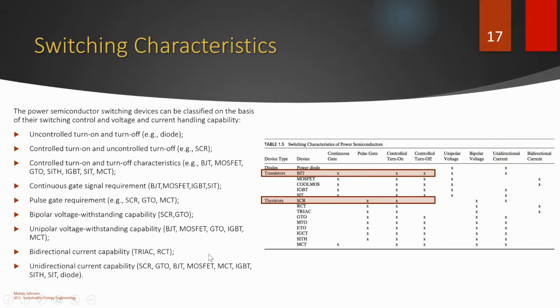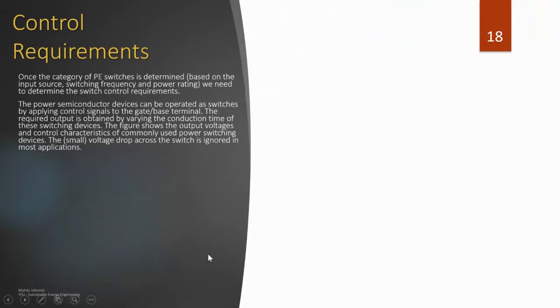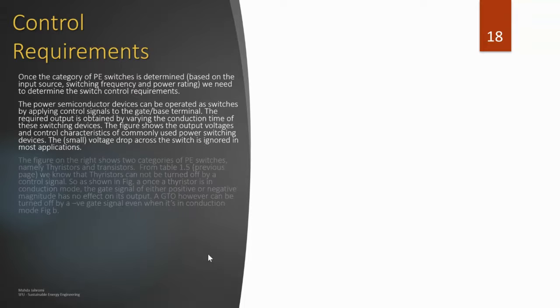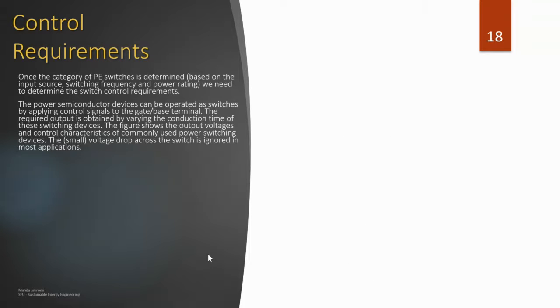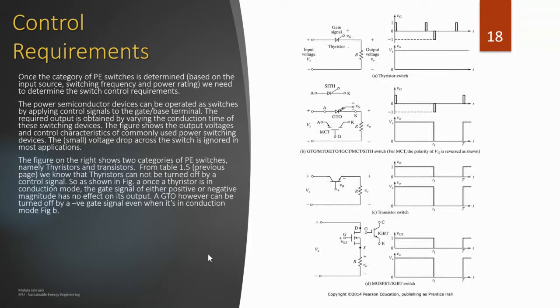Okay. Now, the main requirement, in addition to the voltage, current, and frequency rating, is, as I said, the control requirement. So you have to know what the control requirements are for your switch to be able to make a good selection. For example, the thyristor is like a diode that you can control.